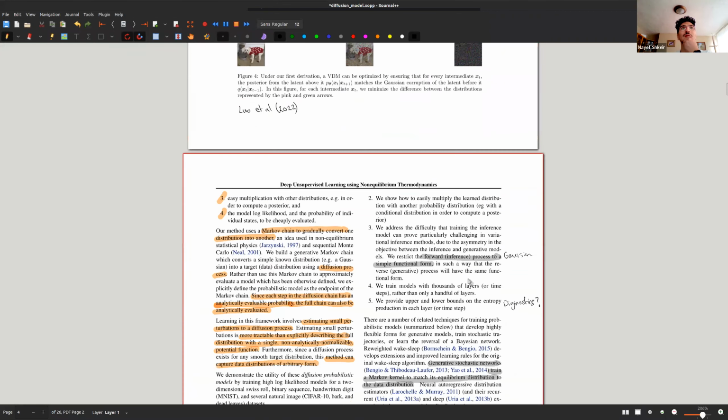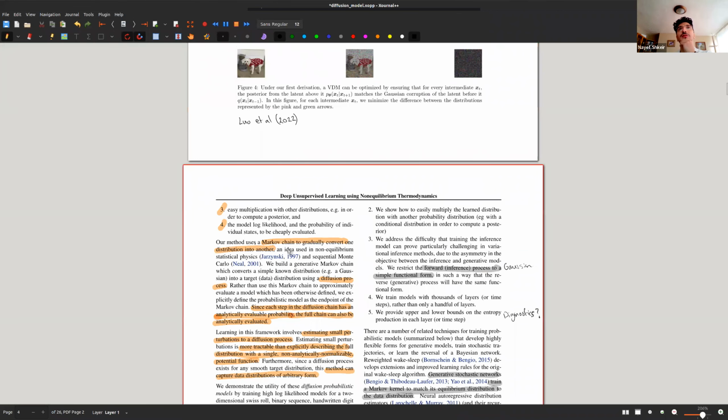But yeah, this is what it says: our method uses a Markov chain to gradually convert one distribution into the other. So you're converting this distribution of an image of a dog into complete Gaussian noise, using the idea of non-equilibrium statistical physics. They mention this quasi-static idea from thermodynamics.